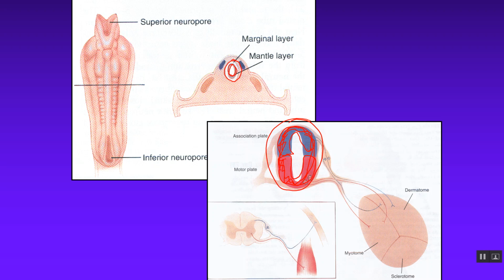This is where your anterior horn cells are going to go to your myotome to supply skeletal muscles. And then your neural crest cells that were out here are going to create the cell body and sprout a proximal and peripheral axon to go to your dermatomal region of your skin and then back to the dorsal horn of the spinal cord. Make sense?